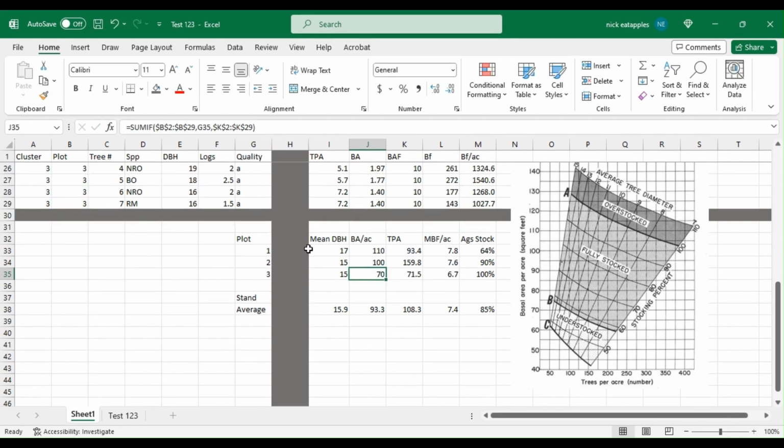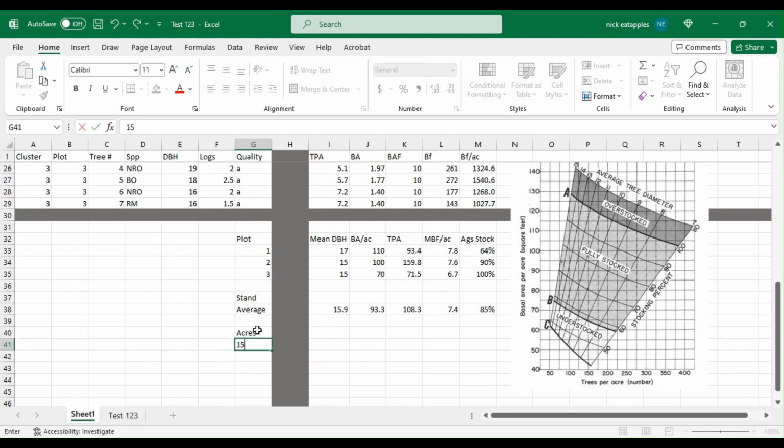Now our stand averages. So for acres, let's just say 15. So it's a 15-acre stand. We know that our mean DBH would be 15.9. Our average basal area is, we'll call that 90, 93. And then our average trees per acre is 108, we'll say 110. And our MBF, we have 7.4 MBF per acre.